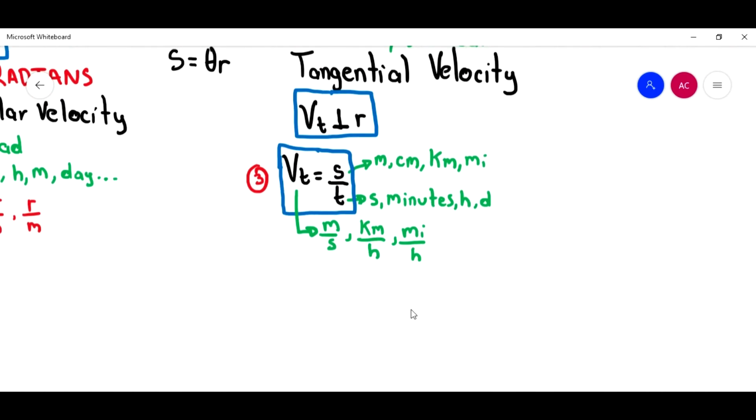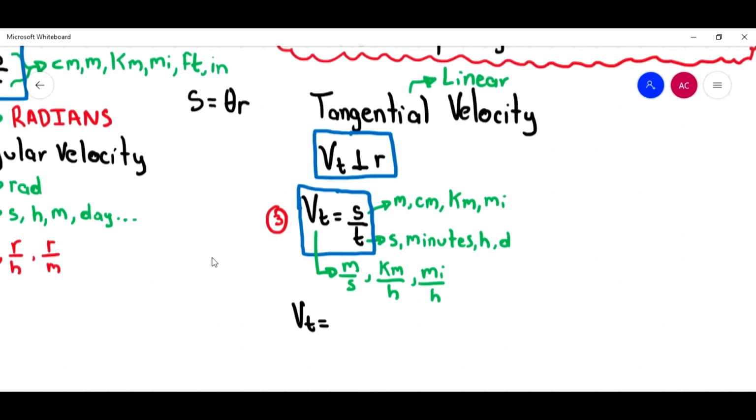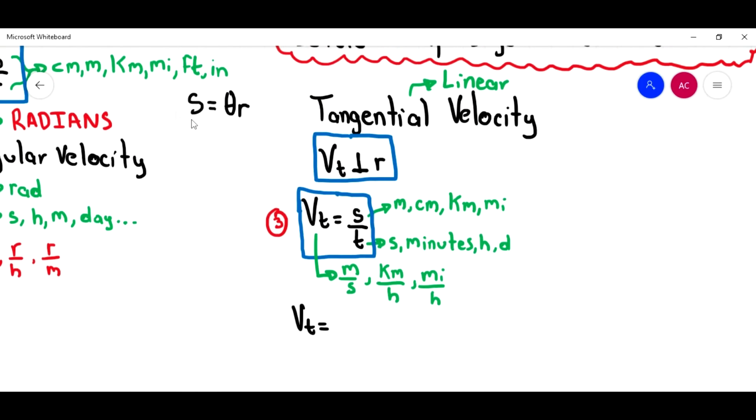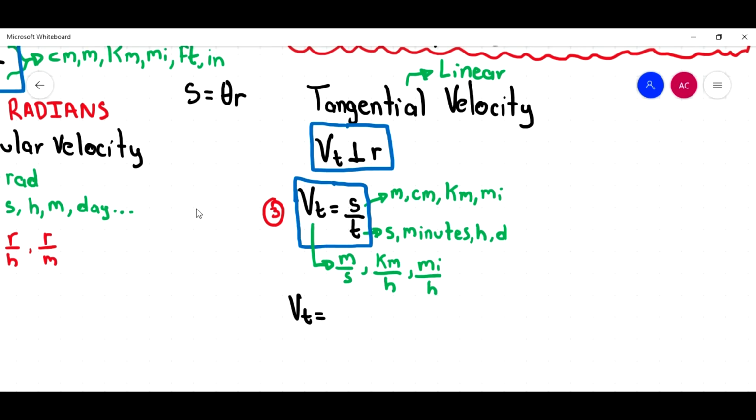So tangential velocity equals s over time. What is s? S is distance, which equals angular displacement times the radius, over time. So if you see, I got angular displacement over time. I'm going to circle these two.